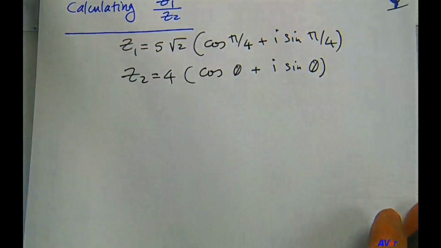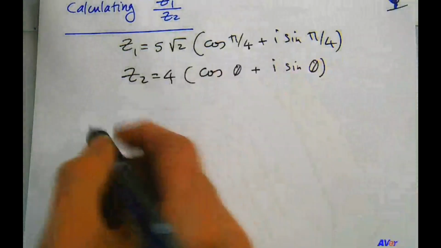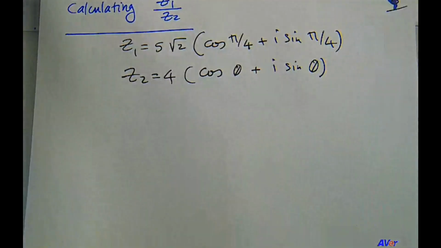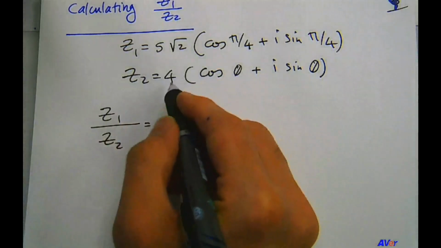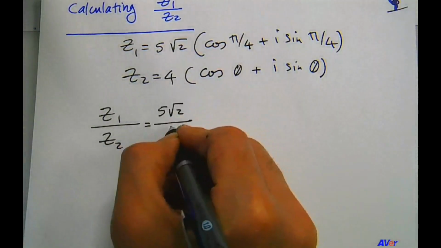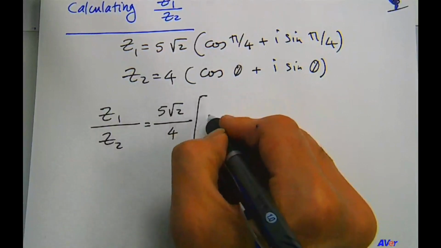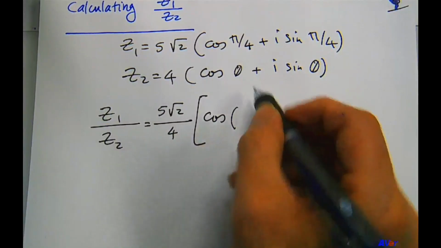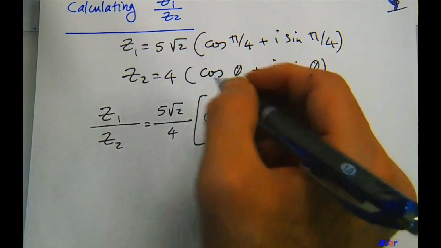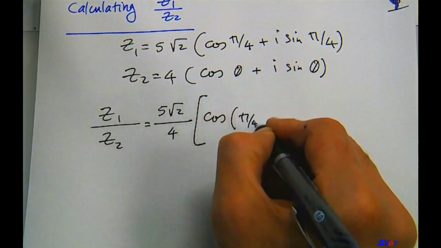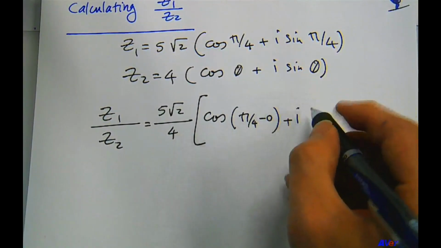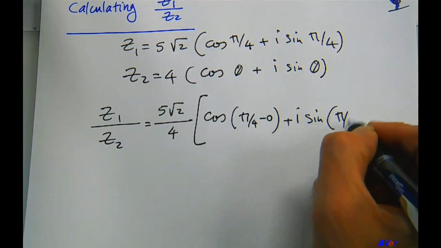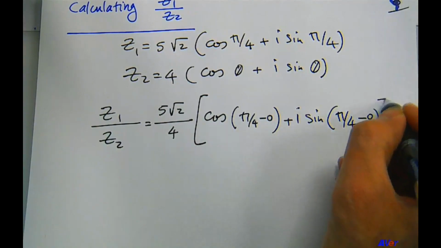So in the division, the moduli are divided. So z1 divided by z2 is equal to 5 square root of 2 over 4, all of that times cosine of pi over 4 minus 0 plus i sine of pi over 4 minus 0 angle.